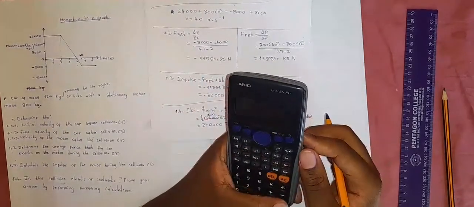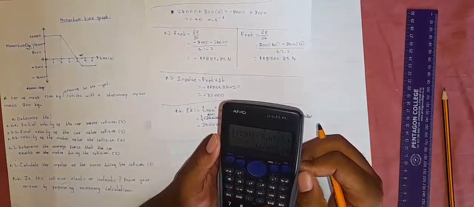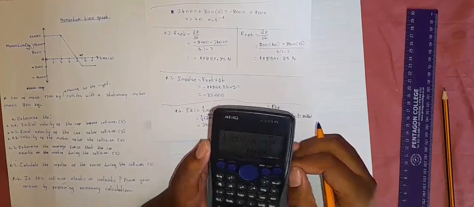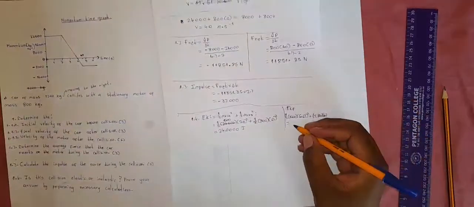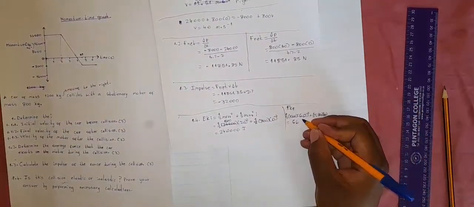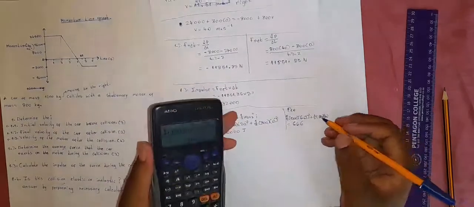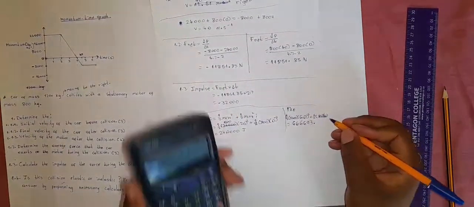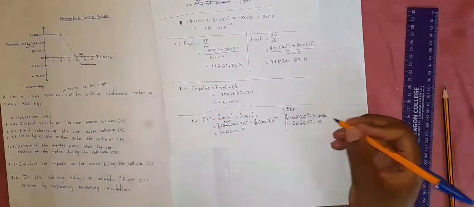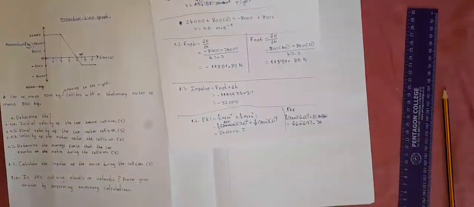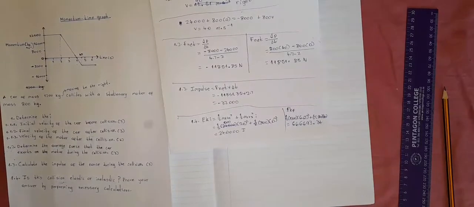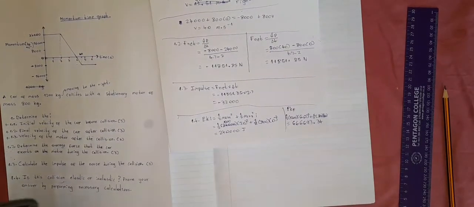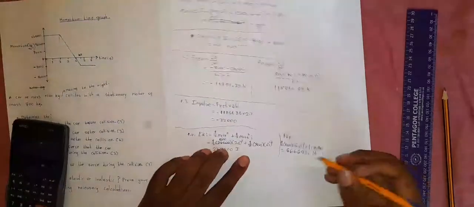So what is the kinetic energy final? It's 666,693.34 joules. Remember, it's measured in joules.